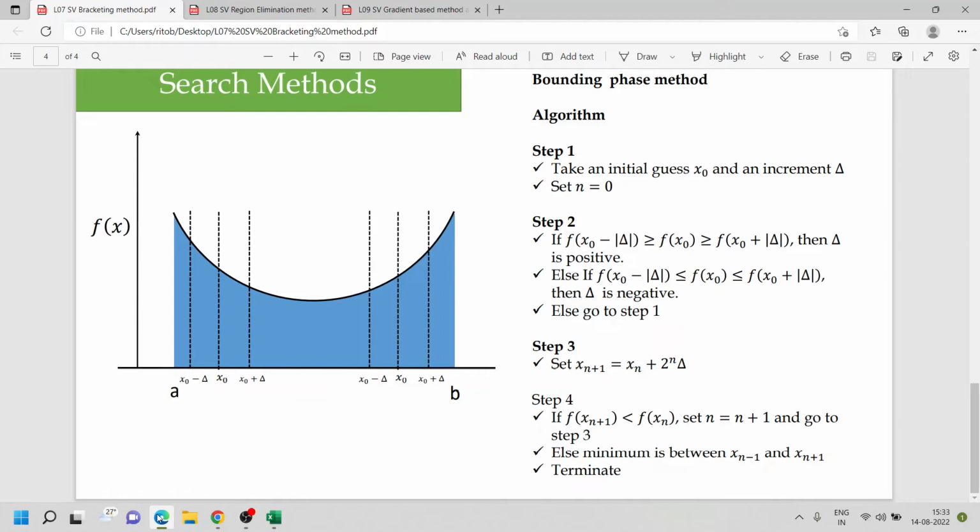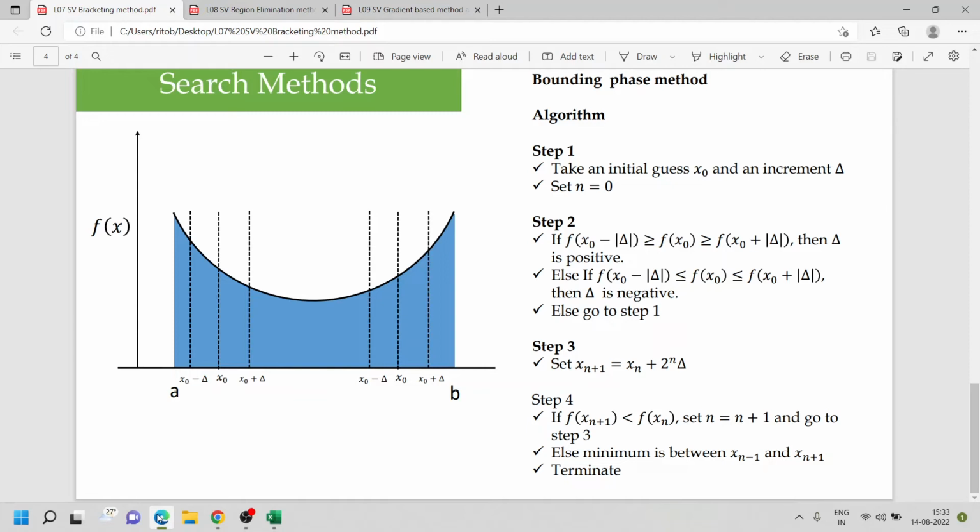Now you will check F4 with respect to F3. I think F4 was again less than F3. So now you have to go back and update again.